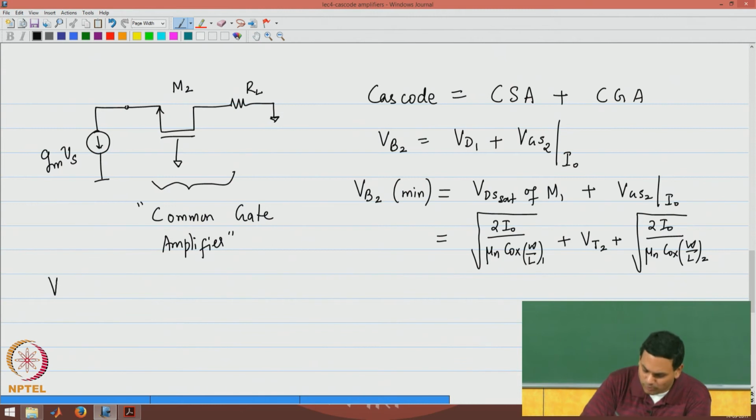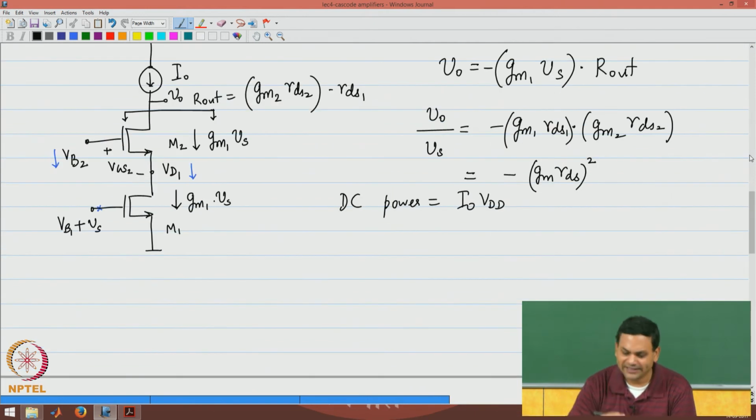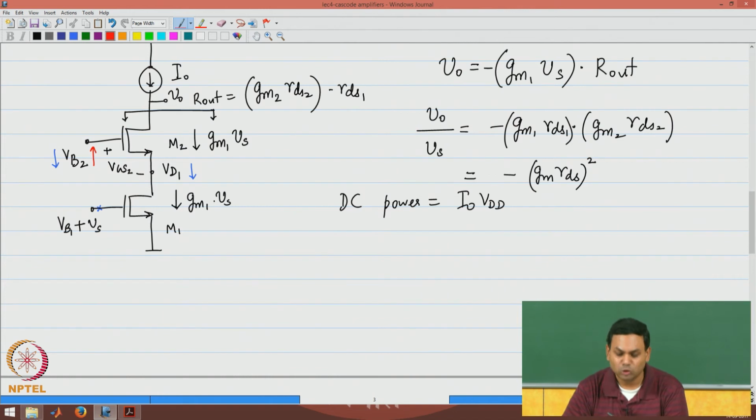What about VB2 maximum? Now, let us assume that I am increasing the voltage VB2. I will show that in red. If I start increasing VB2, you can see that again VD1 will start increasing.